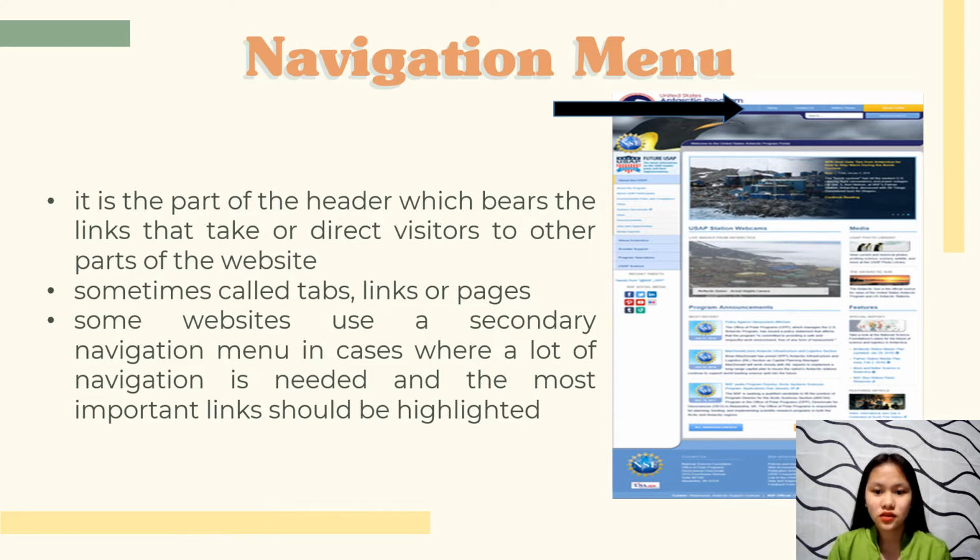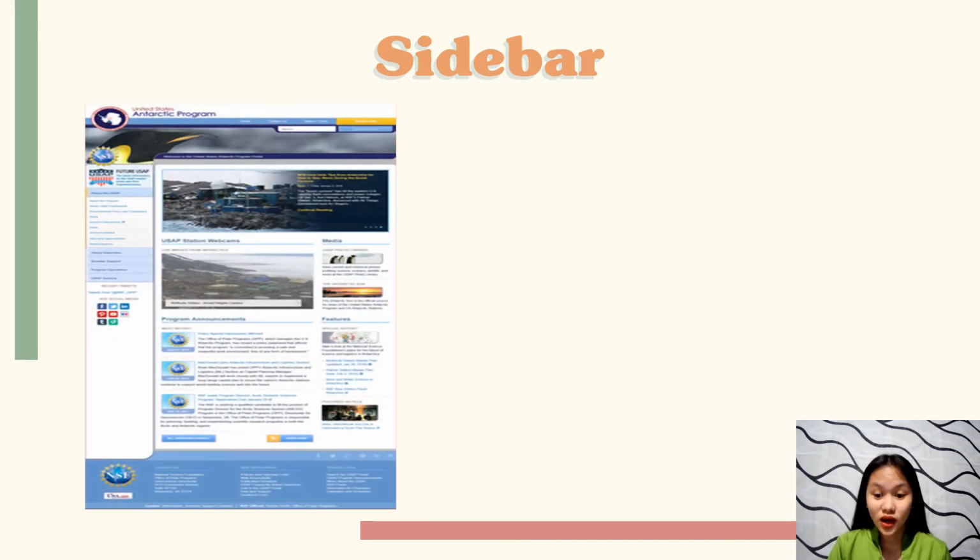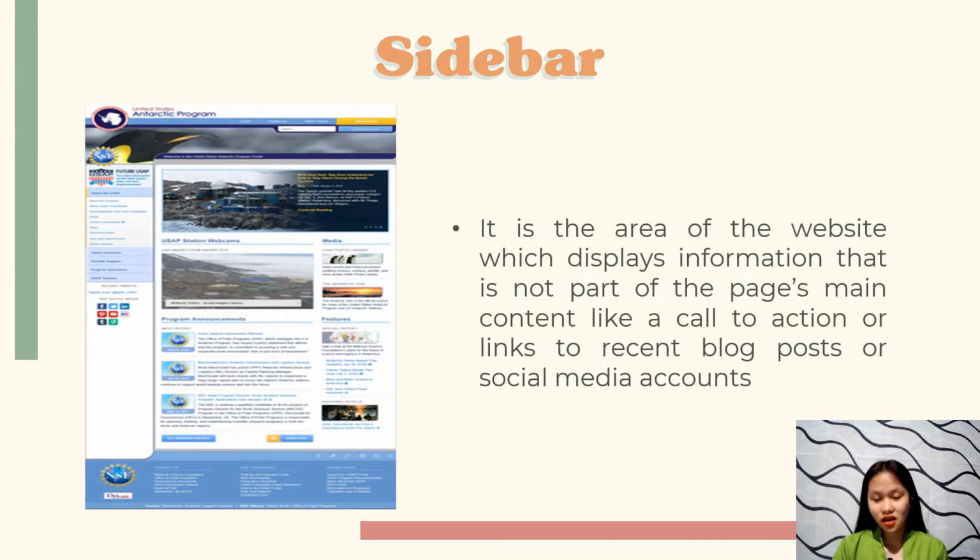So let's move on to another part of a website. Sidebar. What is sidebar? It is the area of the website which displays information that is not part of the page's main content, like a call to action or links to recent blog posts or social media accounts.